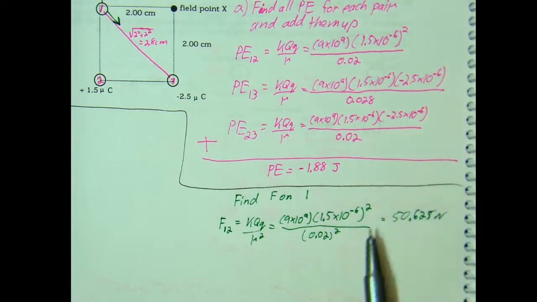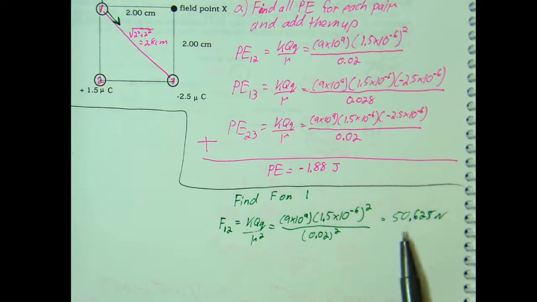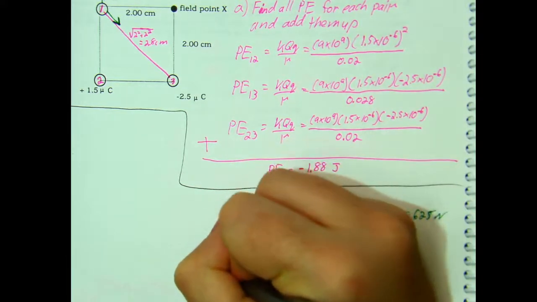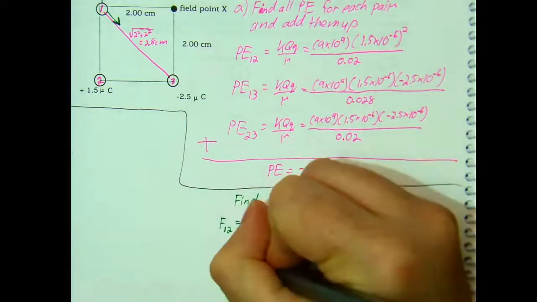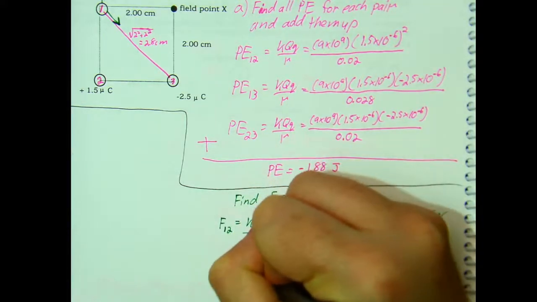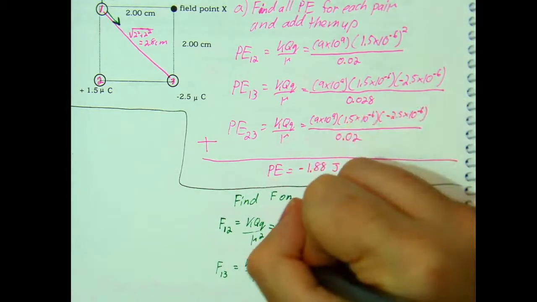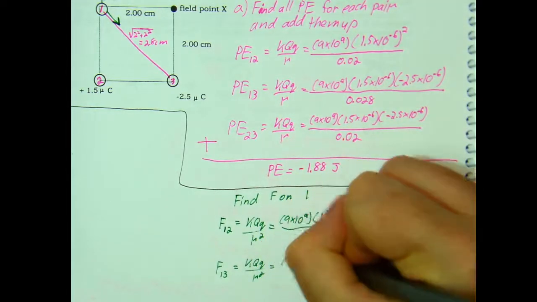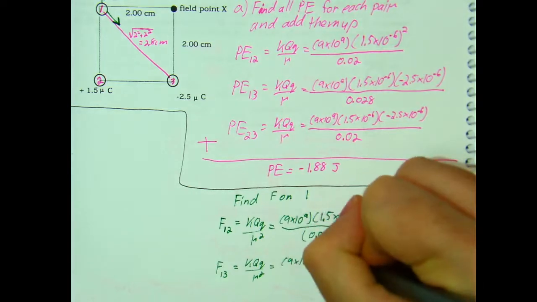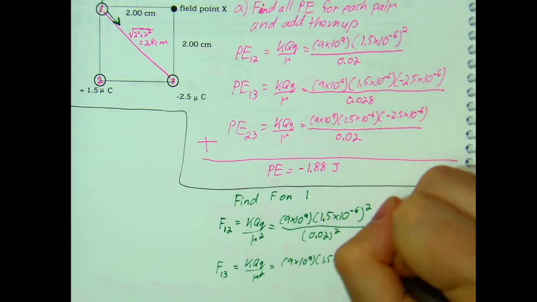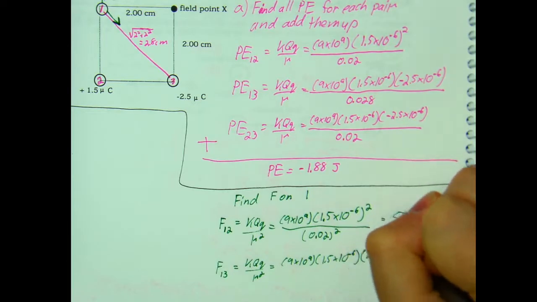I'm actually going to calculate these ones now because we don't add them together the same way. We have to add them like vectors, whereas energies just add normally. So these ones I'm going to calculate individually. My force here, 1 and 3, is going to be kQQ over r squared. So we've got 9 times 10 to the 9. One is 1.5 times 10 to the negative 6. The other is 2.5 times 10 to the negative 6.